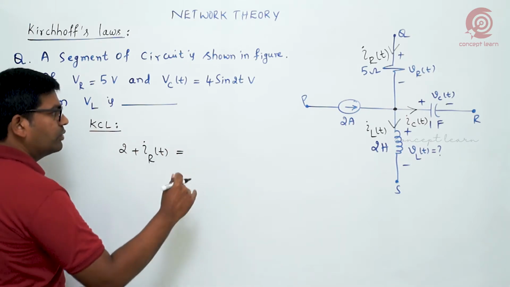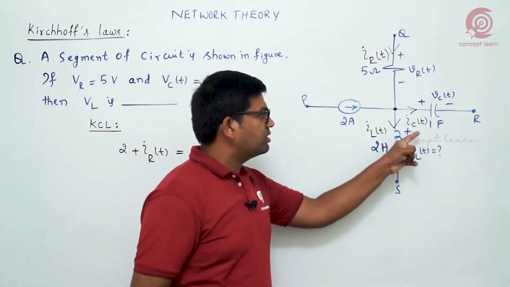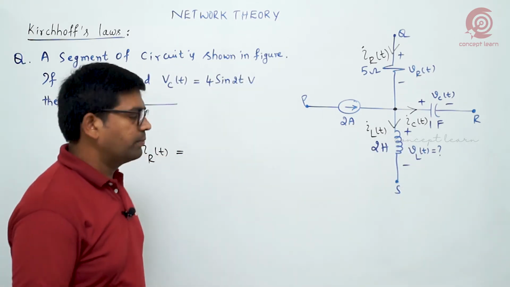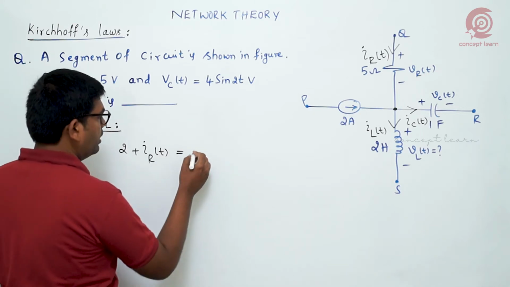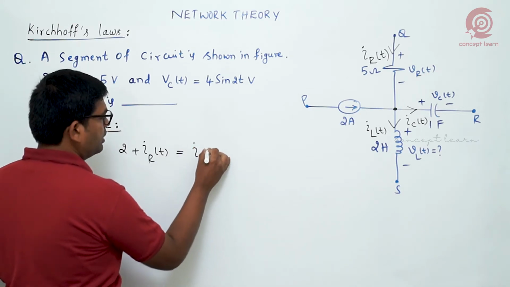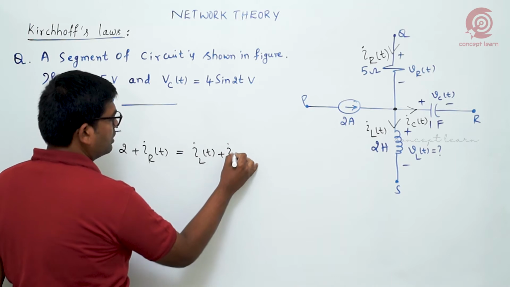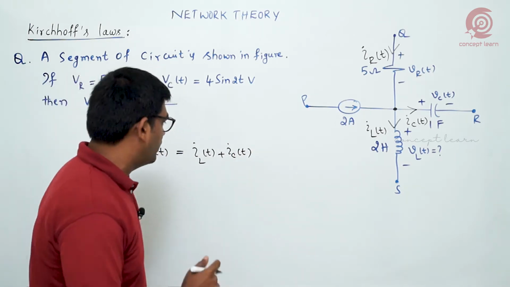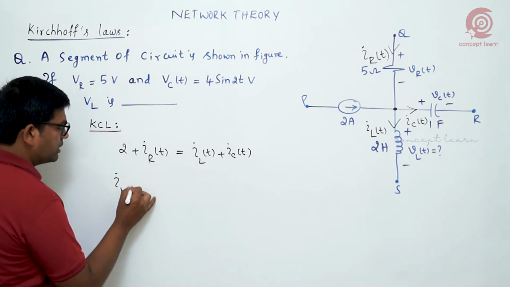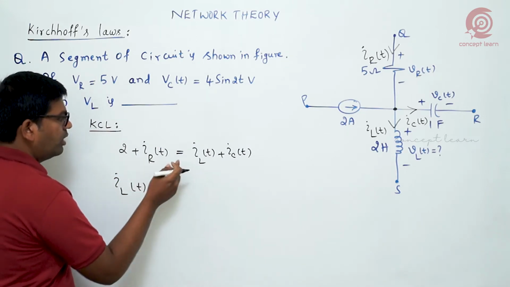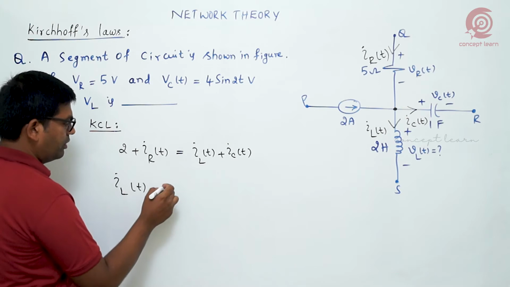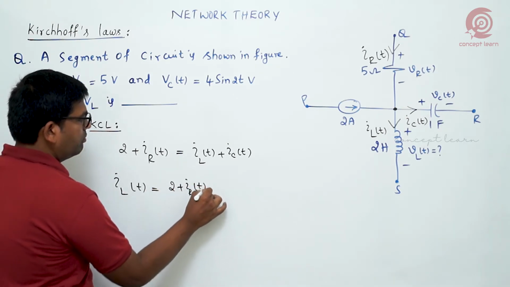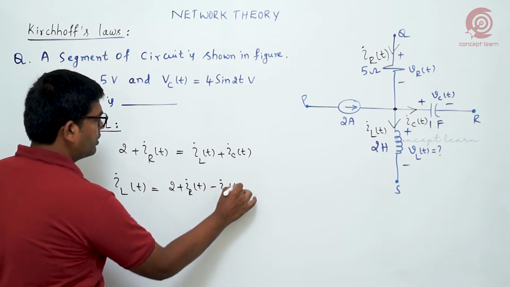And the other two currents, the capacitor current as well as the inductor current, both are leaving currents. So I am writing them on the other side, that is inductor current as well as capacitor current. But our interest is to find the inductor current. What is the inductor current? Take the capacitor current to the other side, that is 2 plus IR of t minus IC of t.